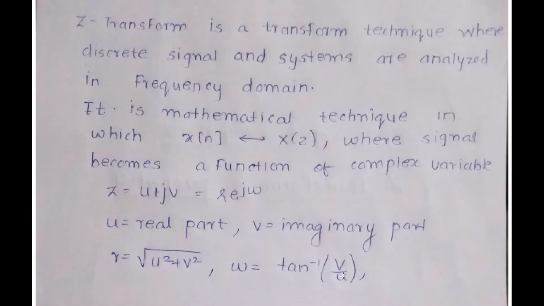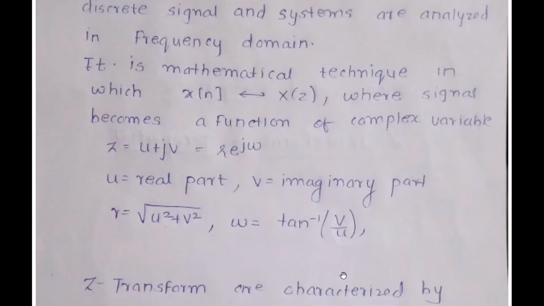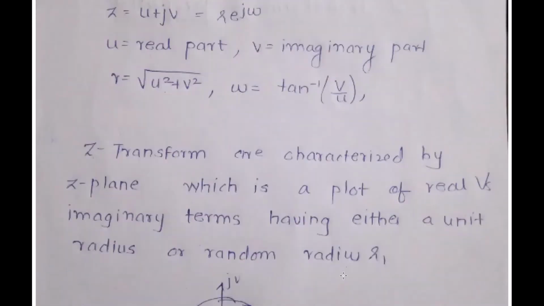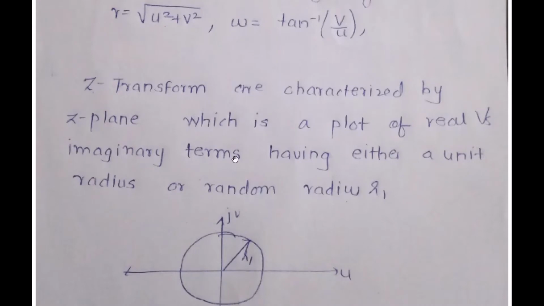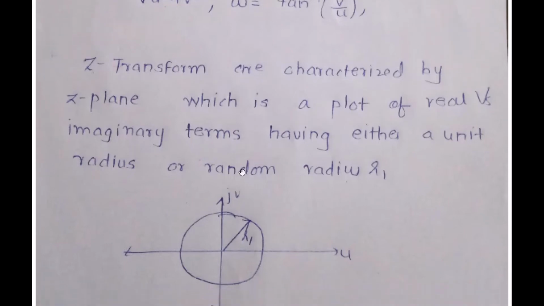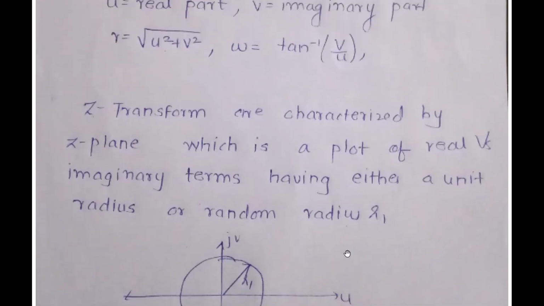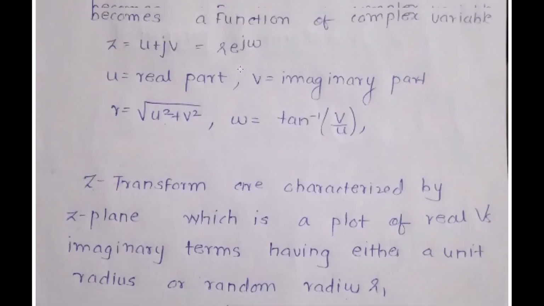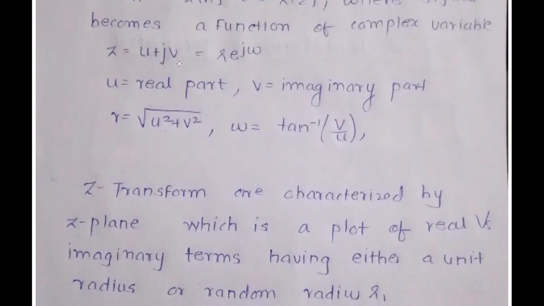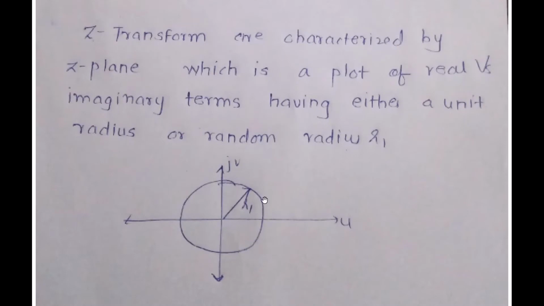The Z transform is characterized by the Z plane, which is a plot of real versus imaginary terms. So if you see, you have the real value, that is u, and the imaginary value is given as v, and we have this circle having radius r.